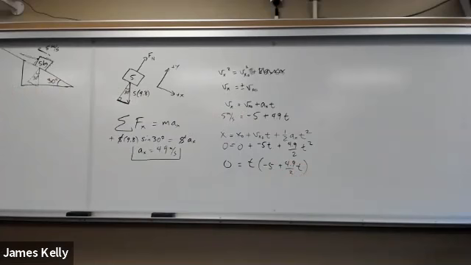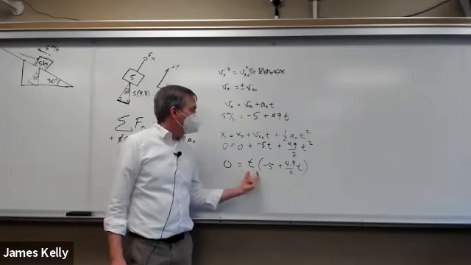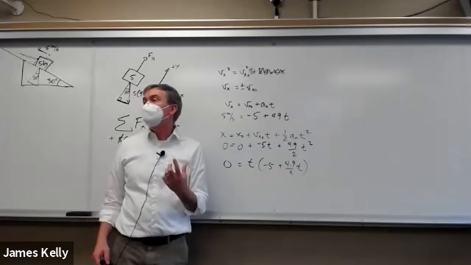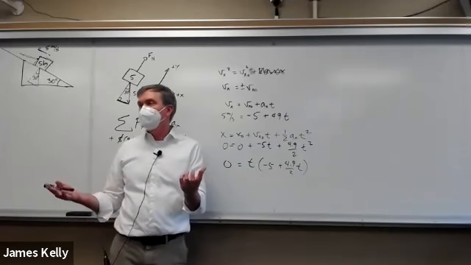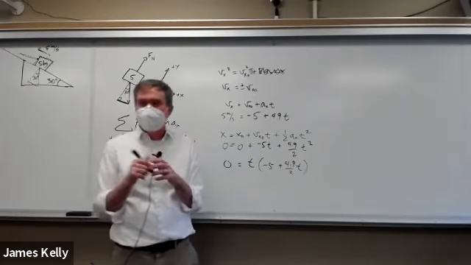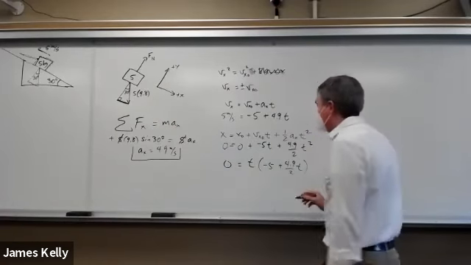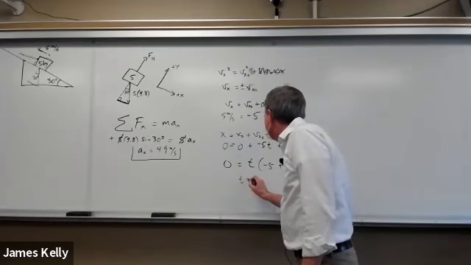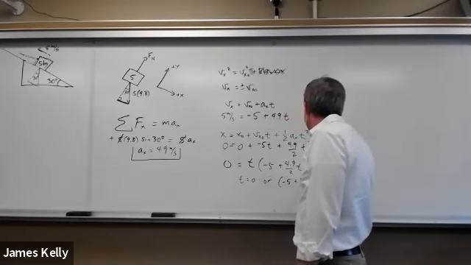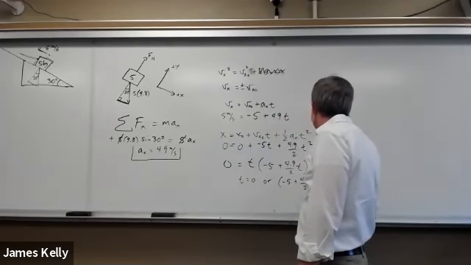And then that fact, I hope you remember from high school algebra, is that when a product of two things equals 0, the only way that can happen is if one of them is 0. Two non-zero things multiplied together don't give 0. So then I say either t equals 0 or -5 plus 4.9 over 2 t equals 0.